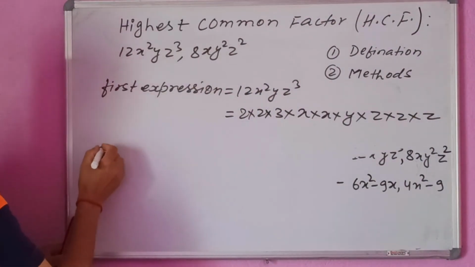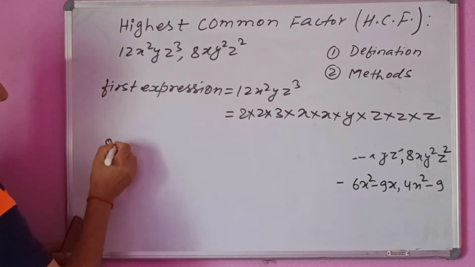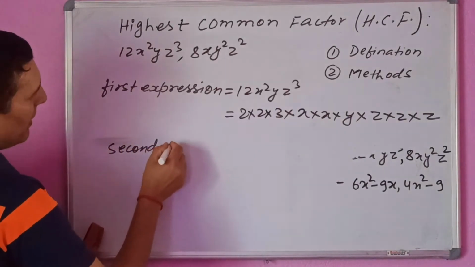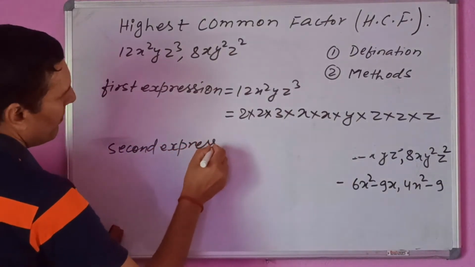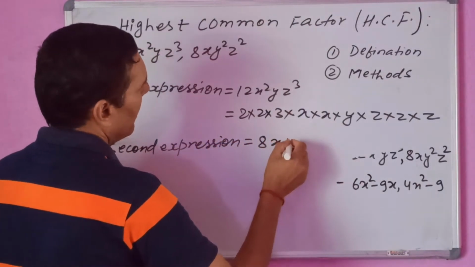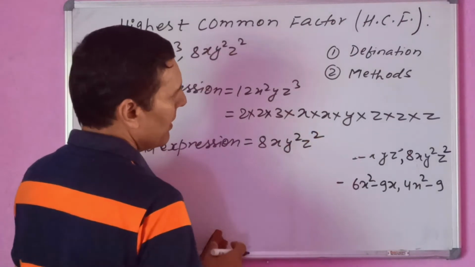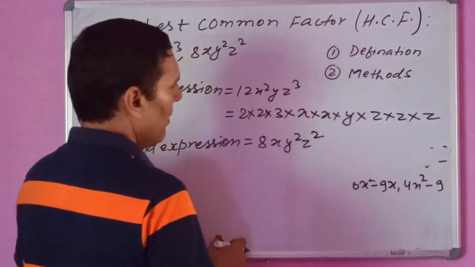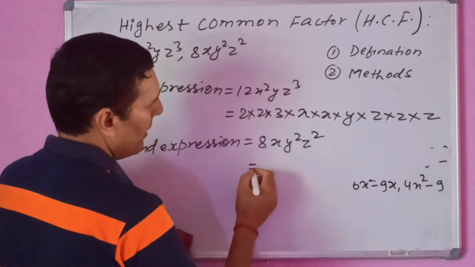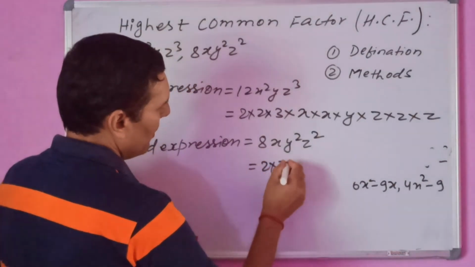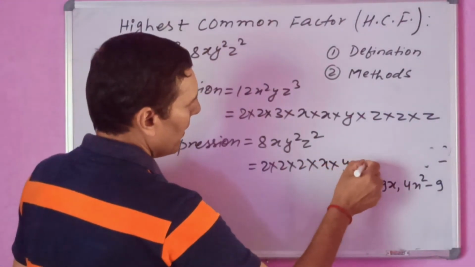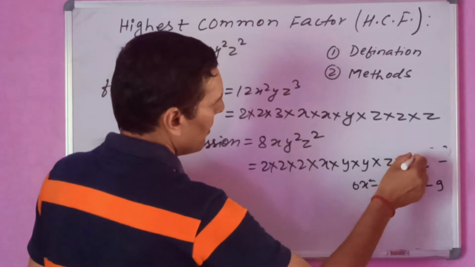Similarly, the second expression is 8x y square z square. Here also 8 is 2 into 2 into 2, x is x, y square is y into y, z square is z into z.